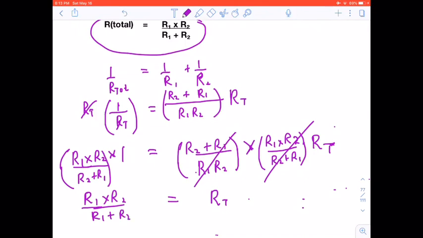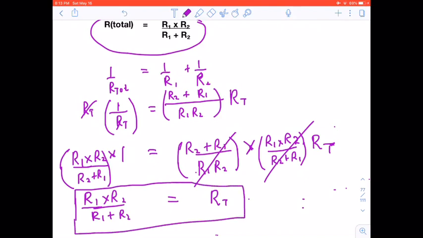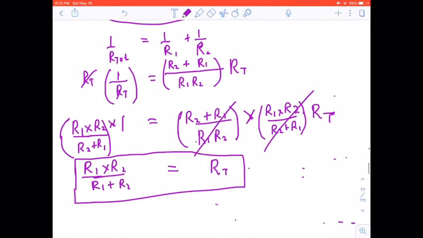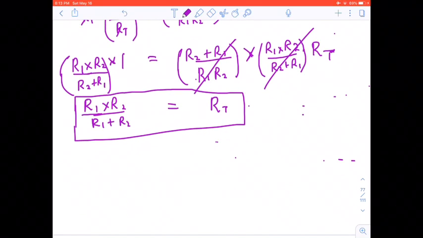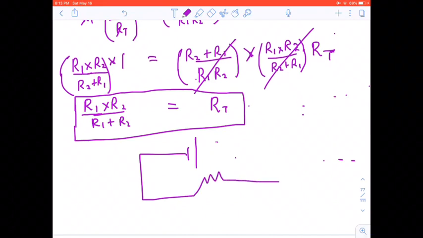So if you are given only two resistors in a circuit, you could use this formula. It's an easier way to work out the problem. So let's say, for instance, I have a circuit here, and I have a resistor that is 1 ohm, and another resistor that is 9 ohms.